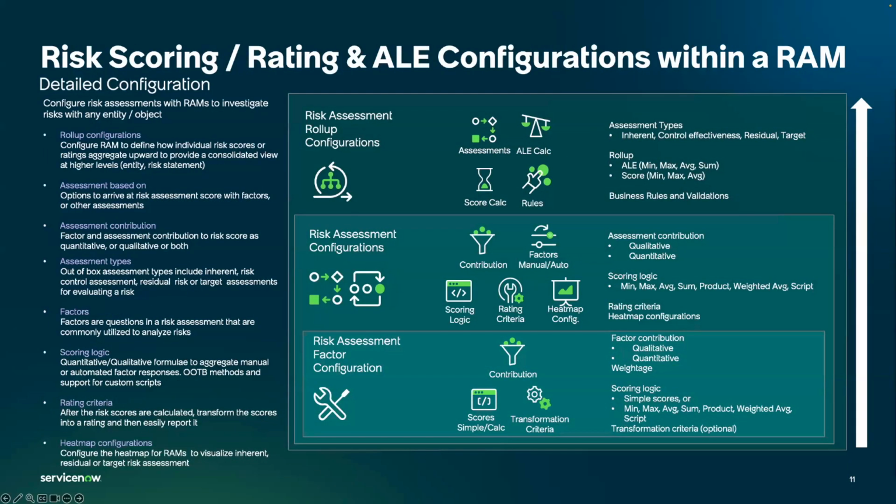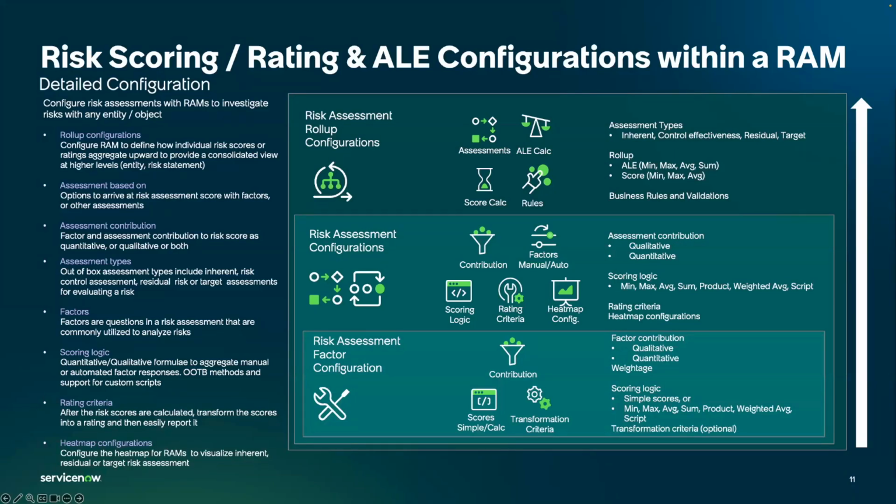All right, now let's open each layer and look at the specific configurations. Notice the arrow. We build from the bottom up. Start at the bottom: factor configuration. Every score begins with a factor configuration. At this level, you configure how each factor contributes: qualitative, quantitative, or both.